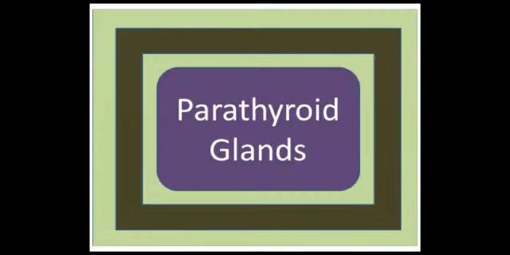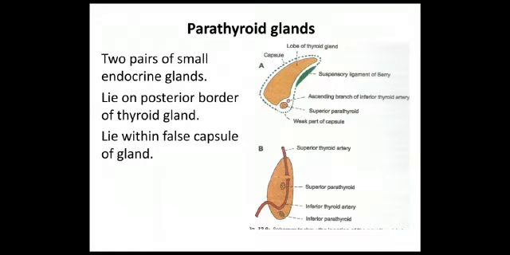Coming to the parathyroid glands. These are two pairs of small endocrine glands. They lie along the posterior border of the thyroid gland, within the false capsule of the gland.